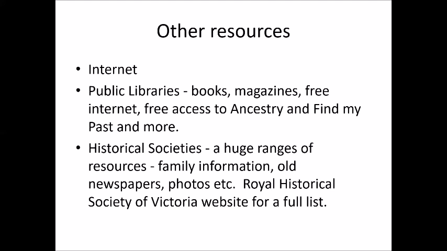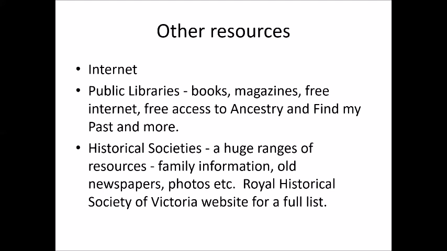Actually, I should have told you that from the start. Not everything is online. History societies may have files of family information. They may have old maps. They have old newspapers. They have collections of photographs. If they have a museum, they might have information or things related to your family. So you never know. Your family may have donated a potato harvester or something to the museum.